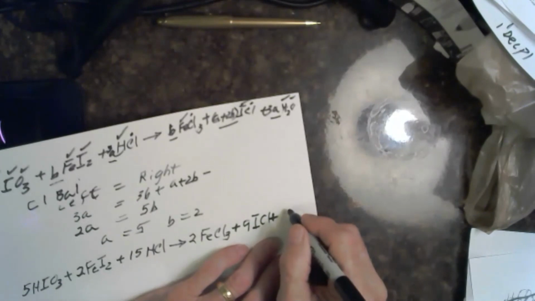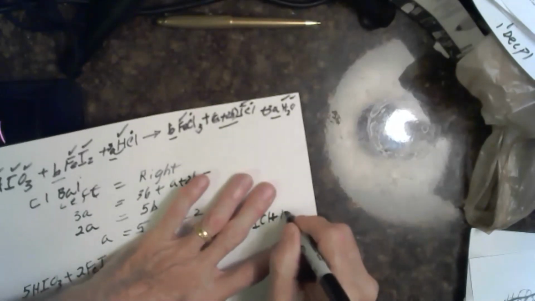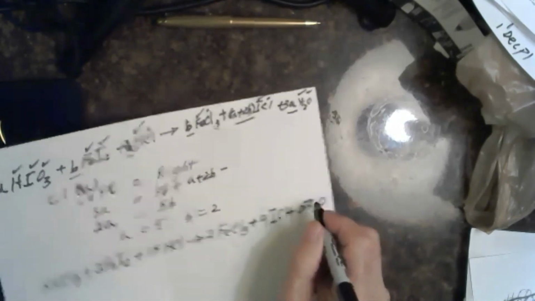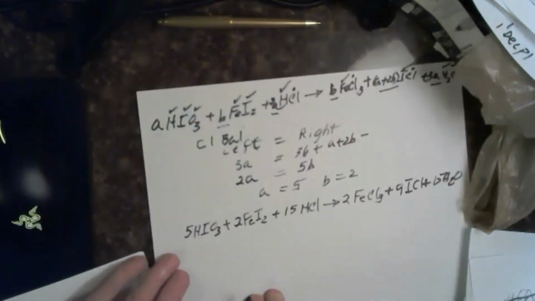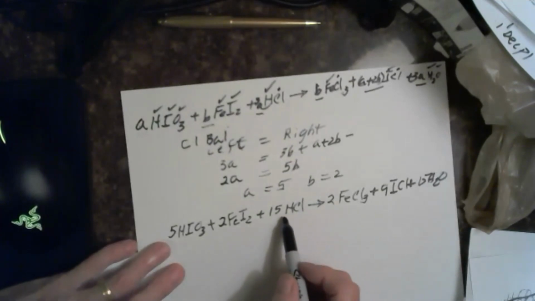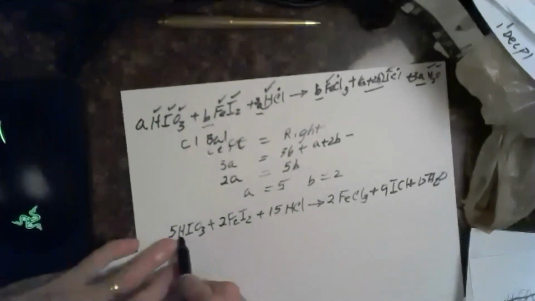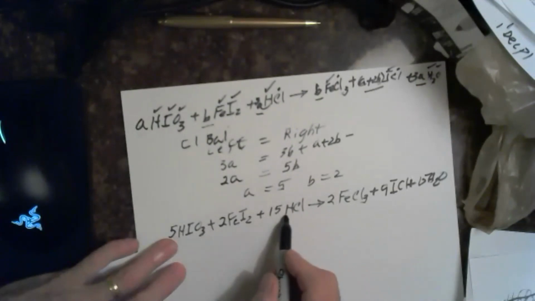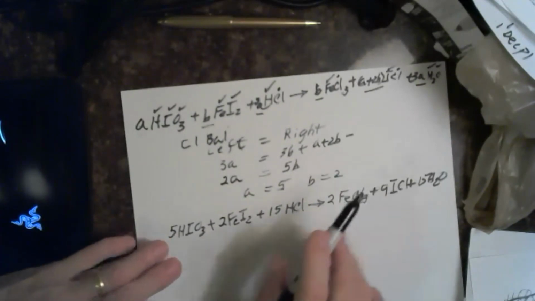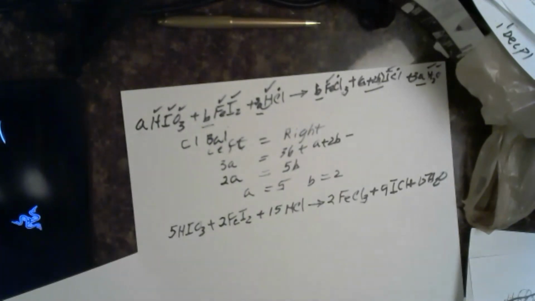And 3 times 5 is 15 waters. Okay, well, let's just see. I'm pretty sure I'm wrong, so let's see if that's going to be right. I can see right away that it isn't. 5 hydrogens and 15 hydrogens is 20, but I've got 30 on that side. Okay, and that means we need to back up and punt.